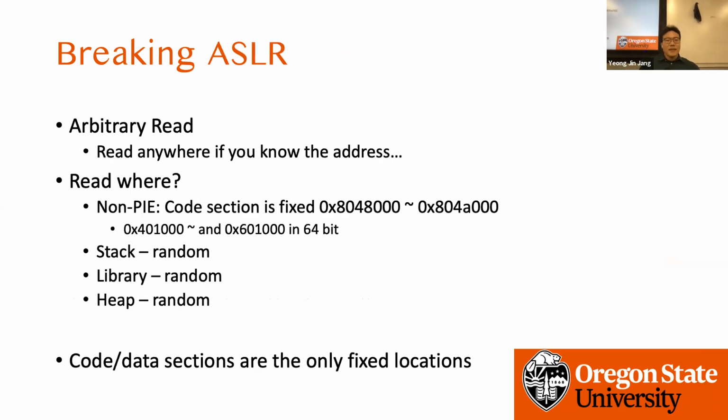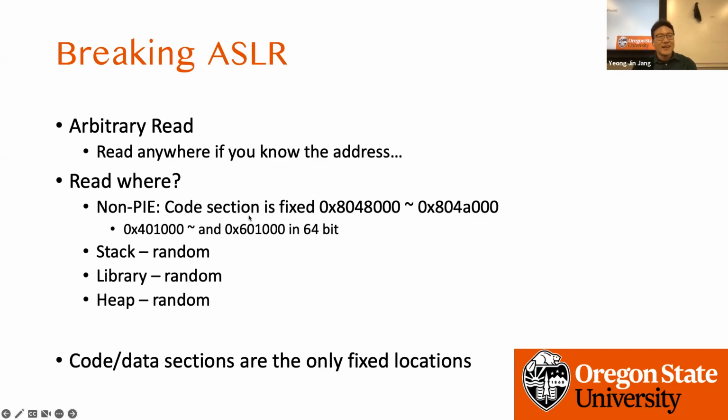But in that case, you can choose a different attack target. If the binary program is not a PIE, position independent code, then in 64-bit we already know where the code is and where the GOT table is, so we can specify those addresses and read.